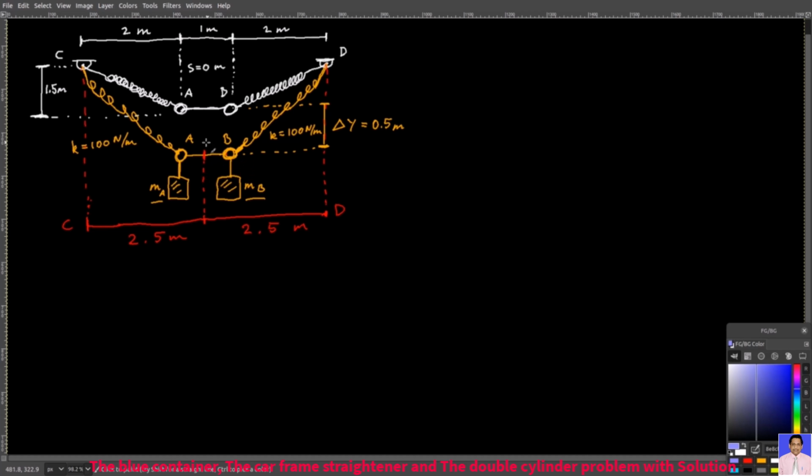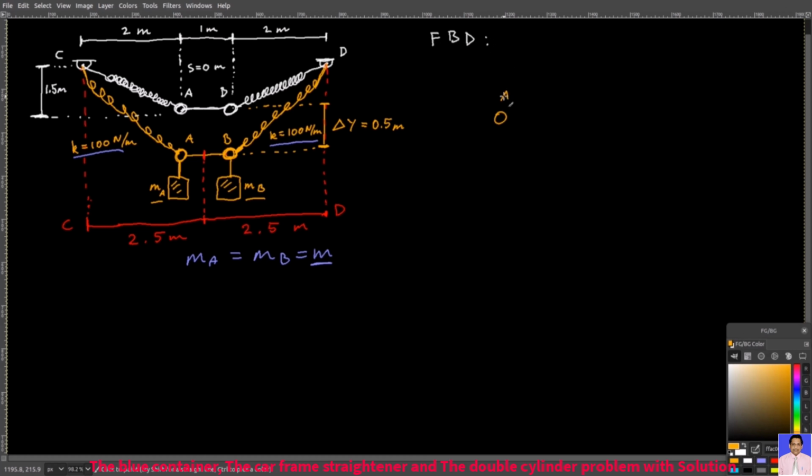And so considering that, and considering this horizontal symmetry and the fact that both spring constants are equal, it is reasonable to assume that MA equals MB. Under these assumptions, there simply is no other way. So let's just call both masses M. Let's use this variable.